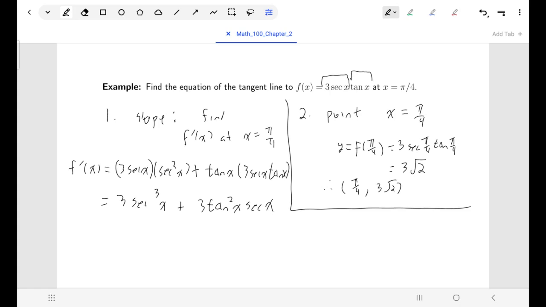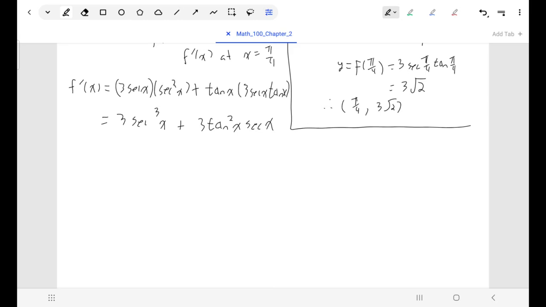So we're pretty much ready to go. We just have to now find out what is the value when x is pi over 4. So f prime of pi over 4, that is 3 times secant cubed of pi over 4 plus 3 tangent squared of pi over 4 times secant of pi over 4.